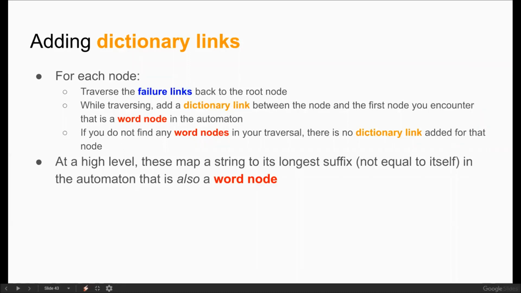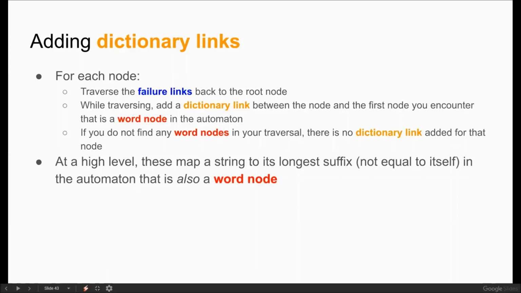For each node in our automaton, we traverse the failure links back to the root node. And if along our traversal, we hit a word node, the very first word node that we hit, we will draw a dictionary link from the node to that word node. If you don't find any word nodes in your traversal, it just means that we don't add a dictionary link.